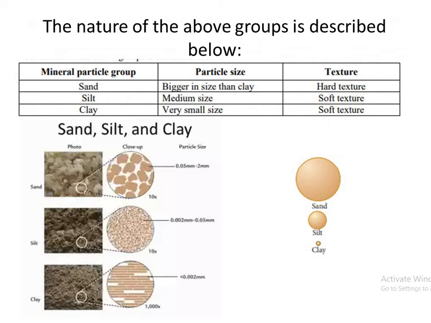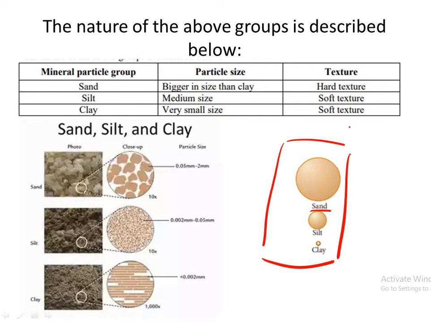The nature of those groups is described here in this table. When you look at sand, it's bigger than clay. Here you can see a small diagram of it. Clay is very small, sand is big.